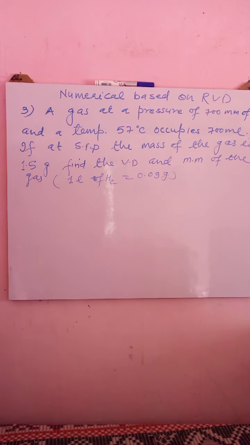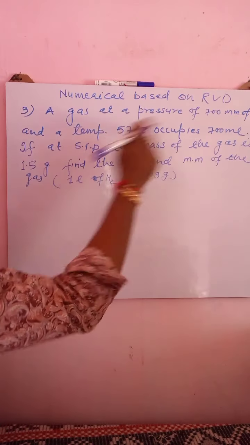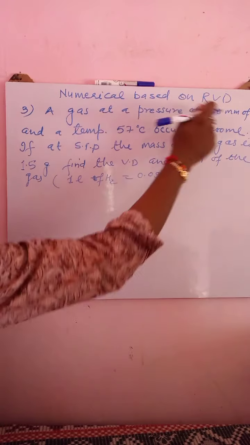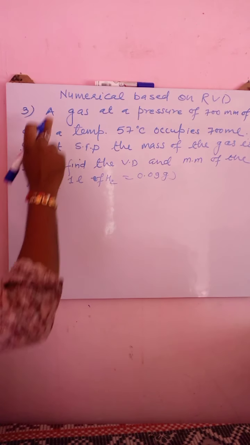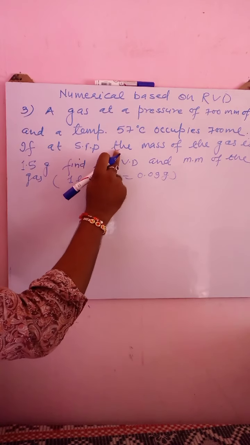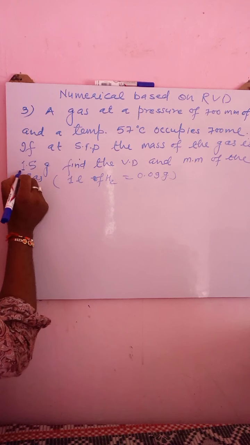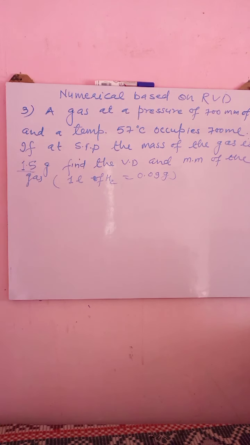Here the pressure, temperature and volume of the gas are given. We have to find out the molecular mass.